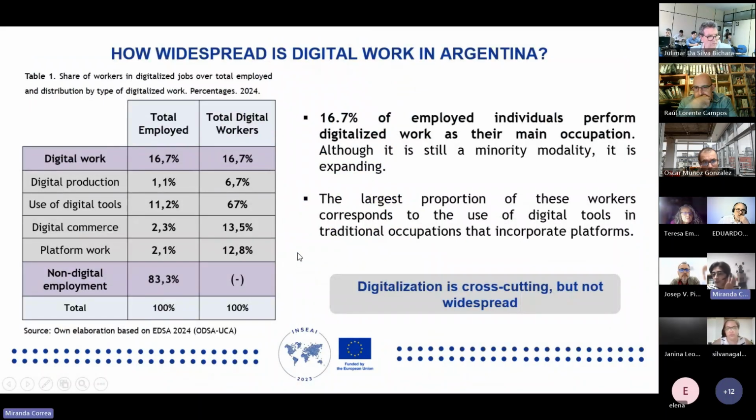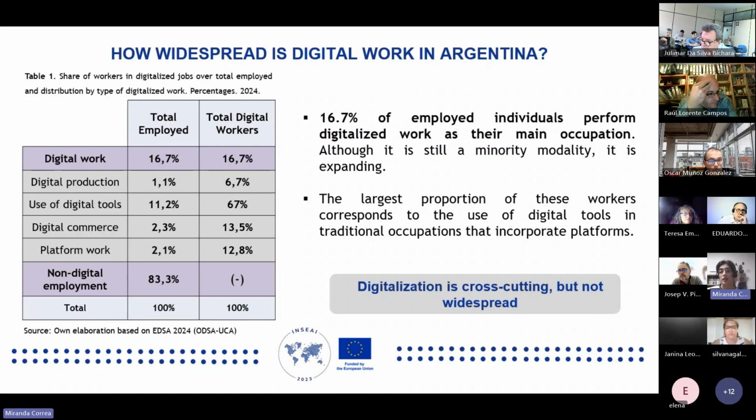So then I wanted to briefly summarize the main findings of our study on the role of digital work in the Argentine labor market, based, as we said before, on representative data from the EDSA 2024 survey. Our motivation at first was simple.